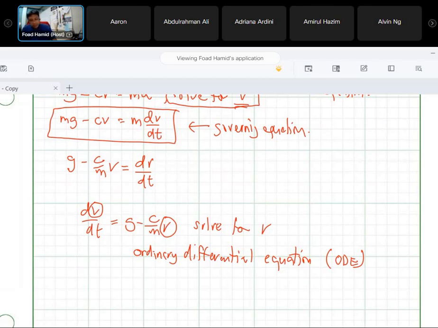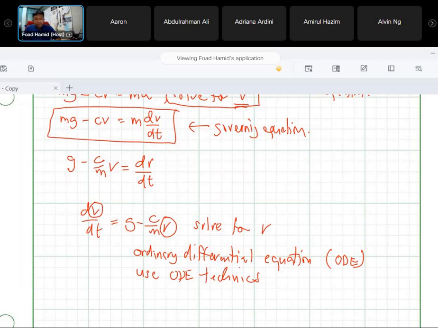Use ODE techniques to solve this. But remember, this is an easy ODE, so we can solve it analytically, or if it's too hard, then we need to use numerical methods.